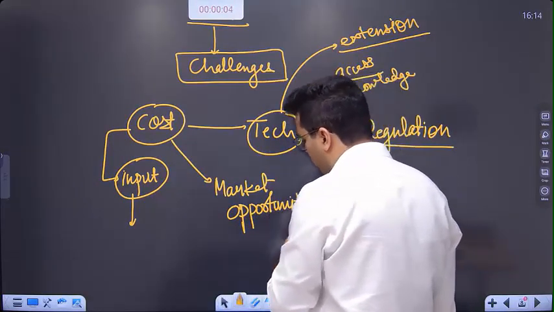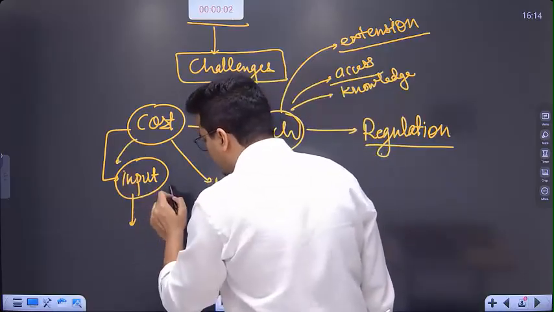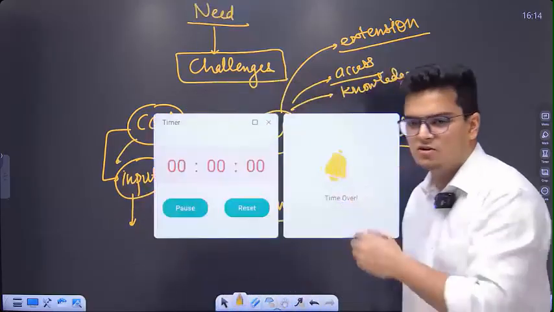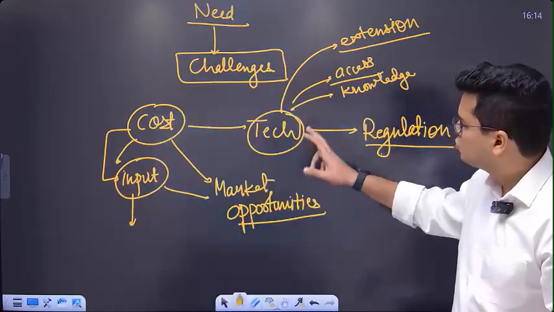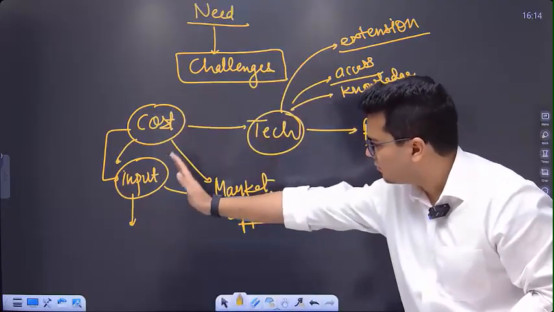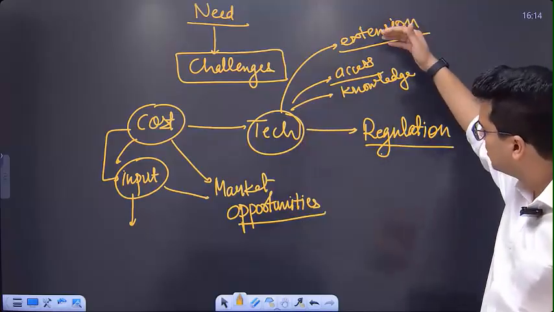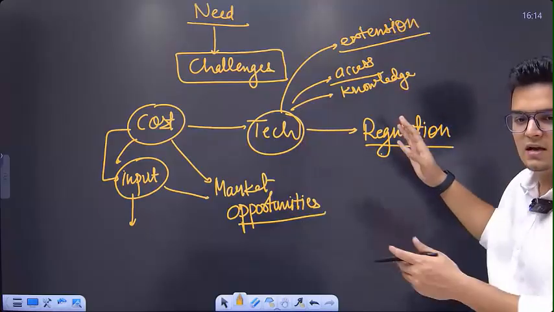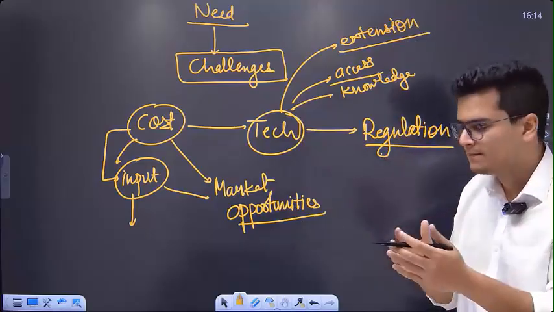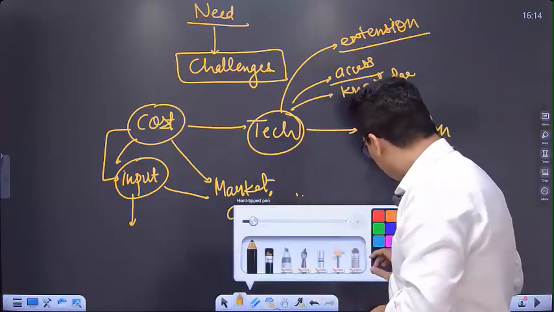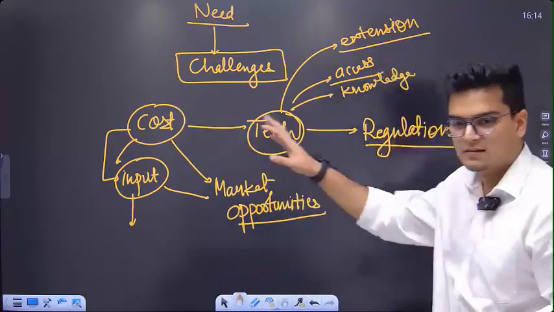Because if you are putting in high cost at the input stage, it must be realized at the stage of market. So there are challenges in terms of cost of input and market opportunities, in terms of technology, in terms of extension services, access and knowledge, in terms of regulation. How will you regulate?